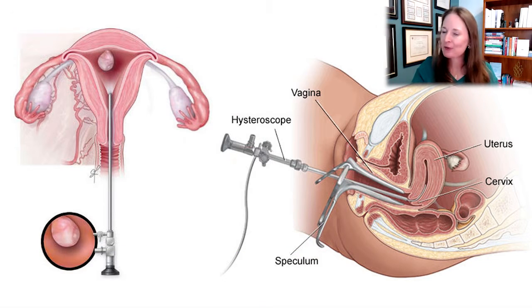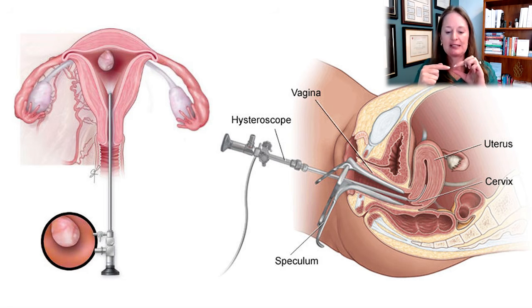And so a hysteroscopy is taking a little camera. Again, it requires a pelvic exam, so a speculum in the vagina and then a little camera through the cervix, and you're looking inside the uterine cavity. The way I describe it to my patients is, imagine that the uterus is like a balloon, and the tip of the balloon where you are blowing up air is like the cervix.